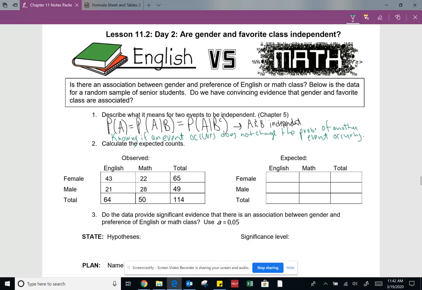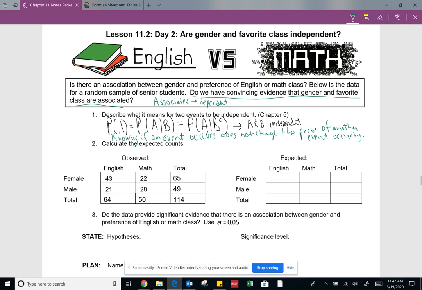So the overarching question of this lesson is: do we have convincing evidence that gender and favorite color are associated? Now, if two things are associated with each other, that's the same thing as saying that they affect each other, right? They have an effect on each other. So if two things are associated, then what we're really saying is that they are dependent.